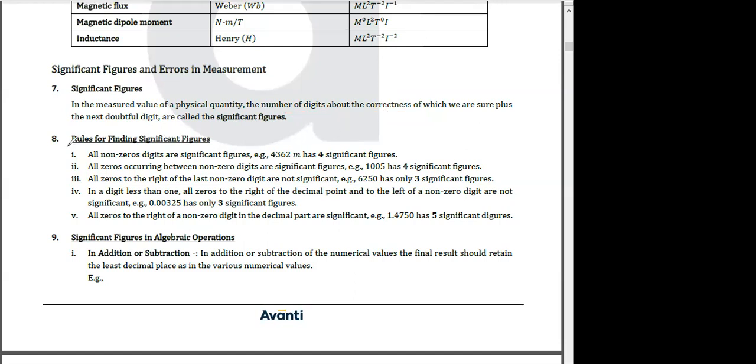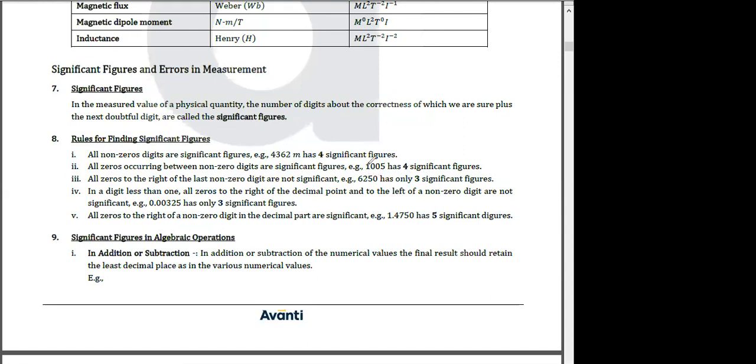There are some rules that we have to follow. Super easy. For example, here, no decimal place. If we have no decimal place, or if everything is non-zero digits, then how many significant figures can we see over here? Tell me. 4, correct.